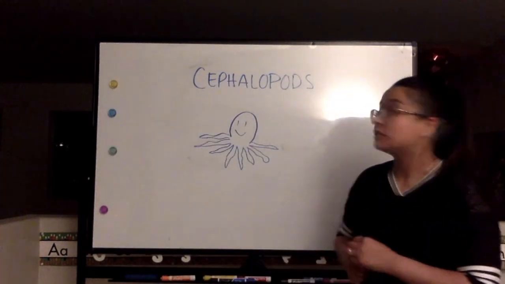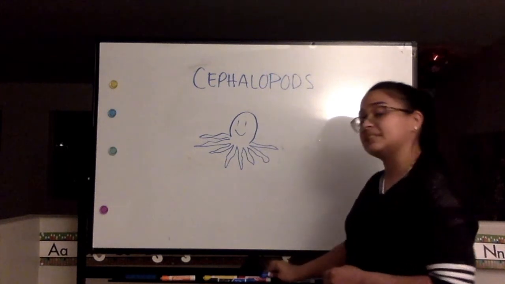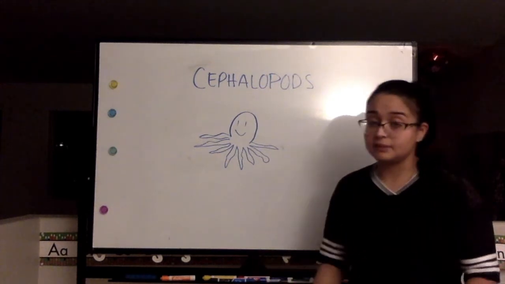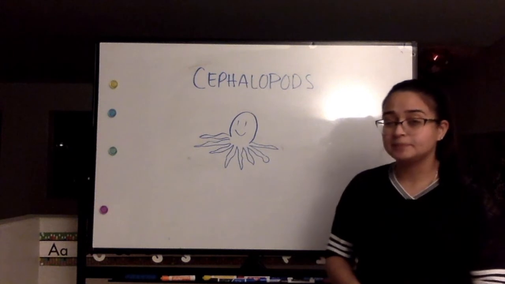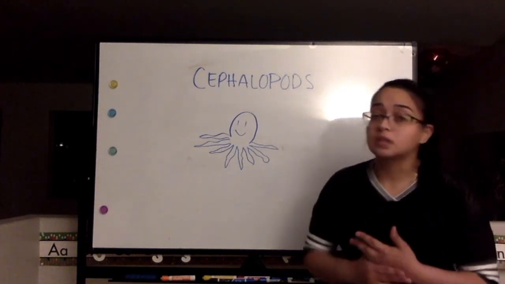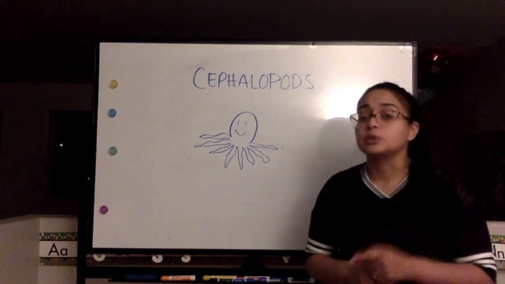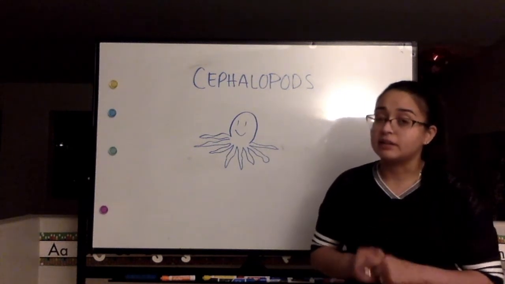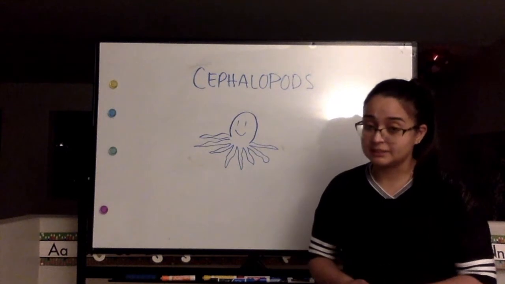An octopus or a squid would be an example of a cephalopod. Okay? Like I mentioned, they are the most complex, but also the largest kind of mollusks there is.